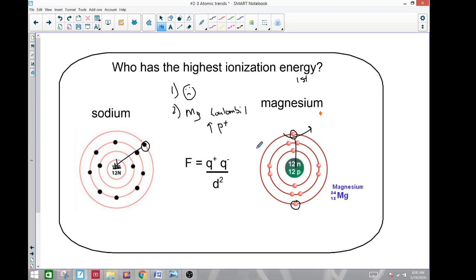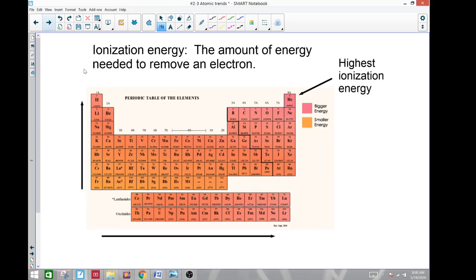It requires more energy to remove because it's got to break a stronger bond because it's got more protons. All right, so we have an overall trend of increasing to the right, increasing up. Helium, you might think of as having the highest ionization energy. Lowest ionization energy would be francium. Okay. All right.